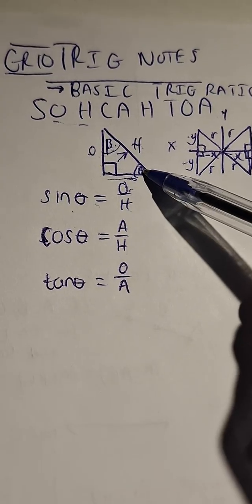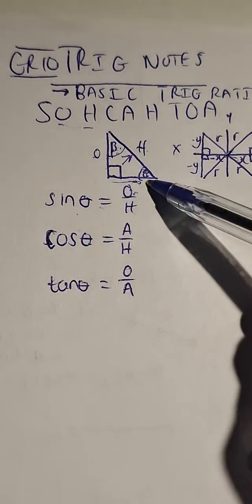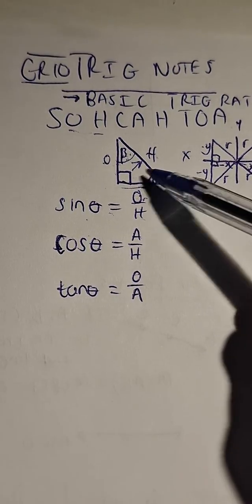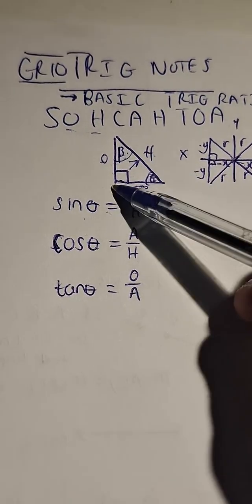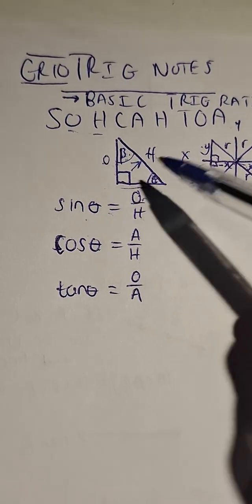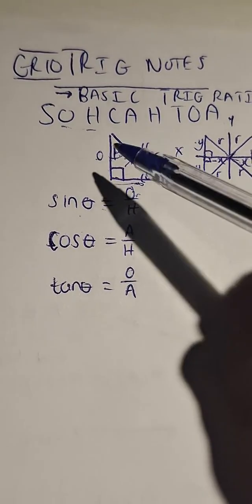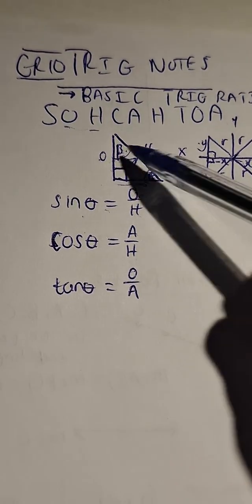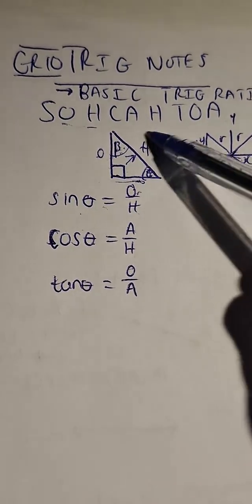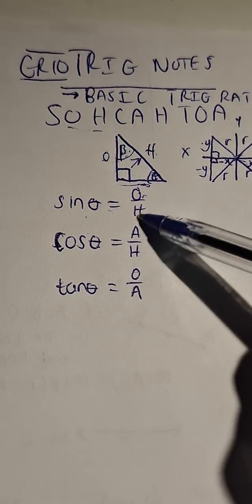So next to theta is this side, not the hypotenuse, guys, because remember, the hypotenuse is always opposite the 90-degree angle. So if you say sine theta, you mean this opposite side, because theta is opposite that side, and then this hypotenuse. That's the ratio.